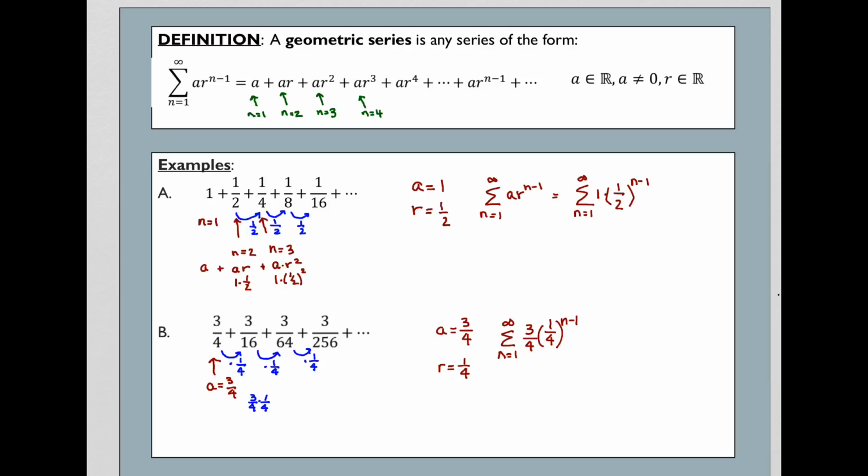This would be the sigma notation for this geometric series. But even more importantly, as you'll see in the next video, being able to identify a and r matters more than writing it in sigma notation. That's because a and r have a very special place when it comes to the convergence and divergence of a geometric series. So that's what we're going to talk about next.